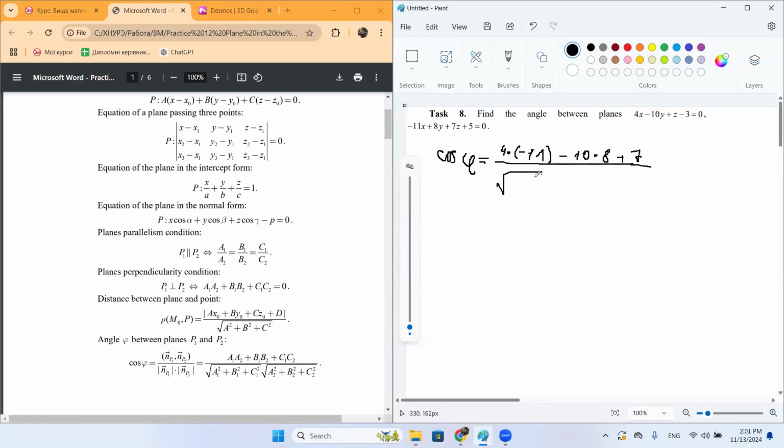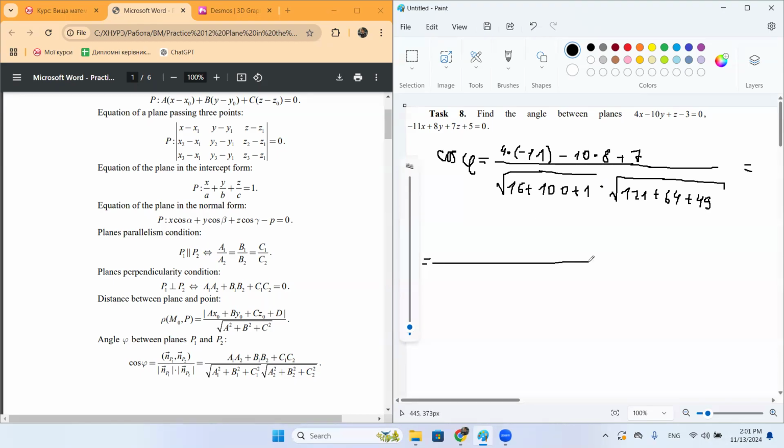And divide by, so 16 plus 100 plus 1 multiplied by 121 plus 64 plus 49. So minus 44 minus 80 plus 7.